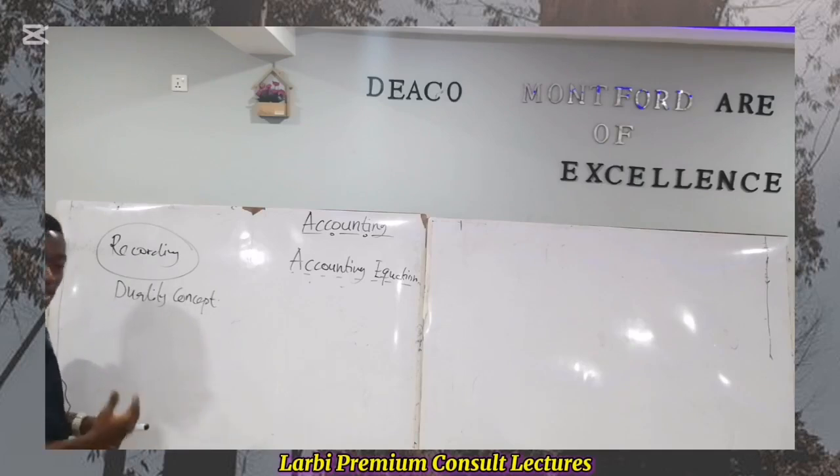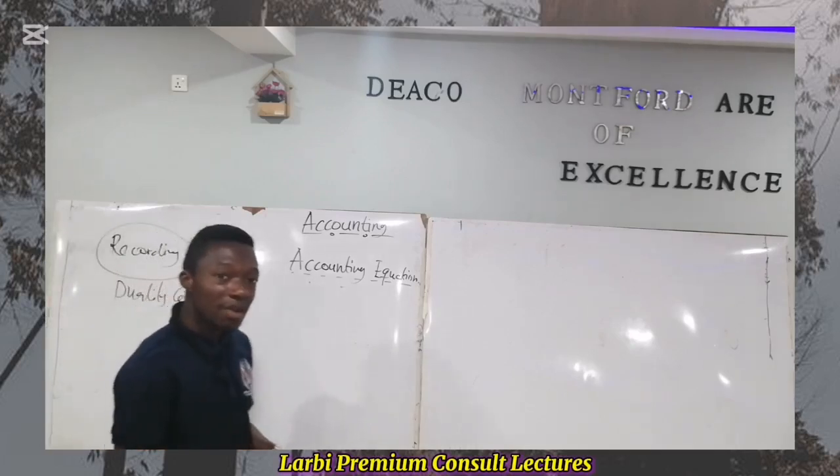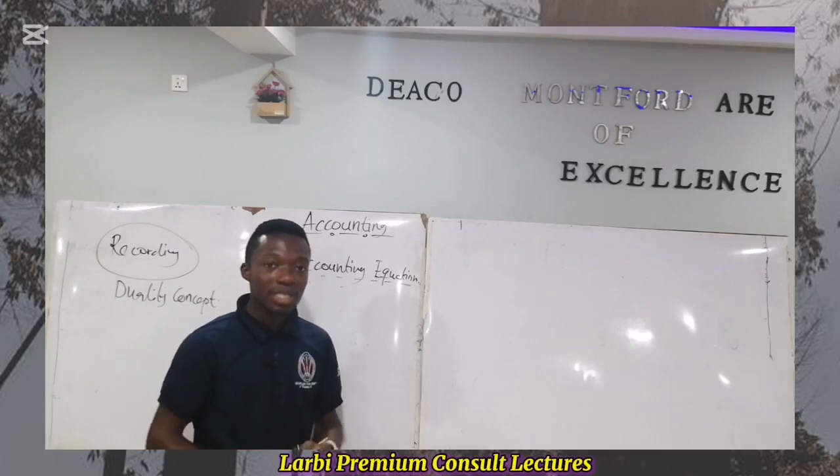If you remember, when we were discussing the brief part of the financial statement, we made mention of the fact that when it comes to preparation of the financial statement, we have 5 elements that are pivotal in the preparation and presentation of the financial statement.